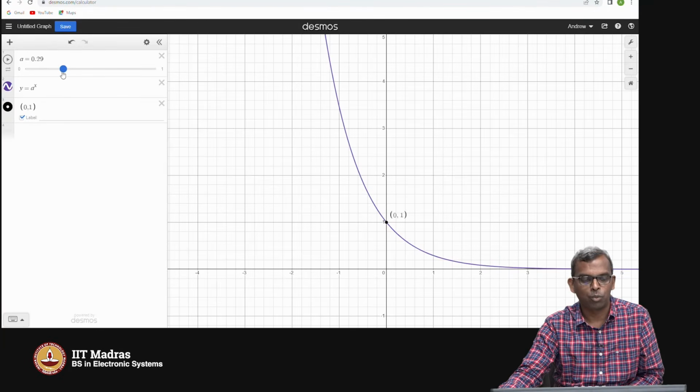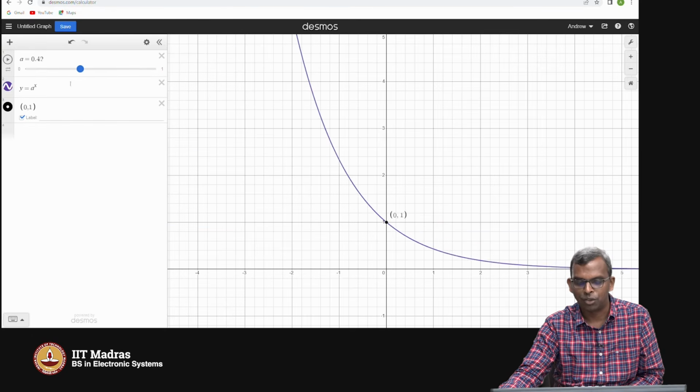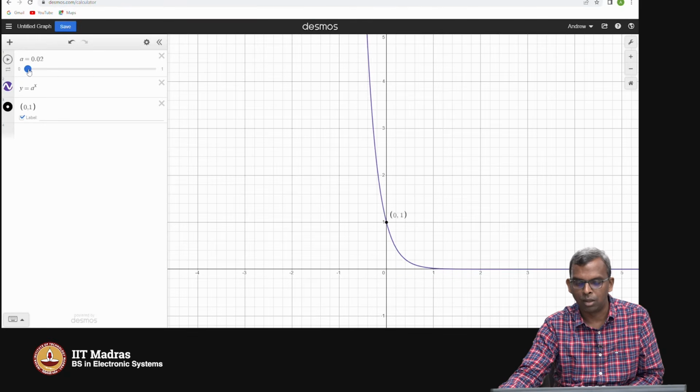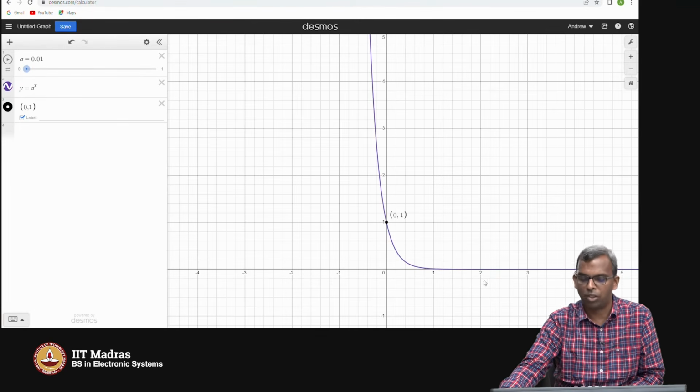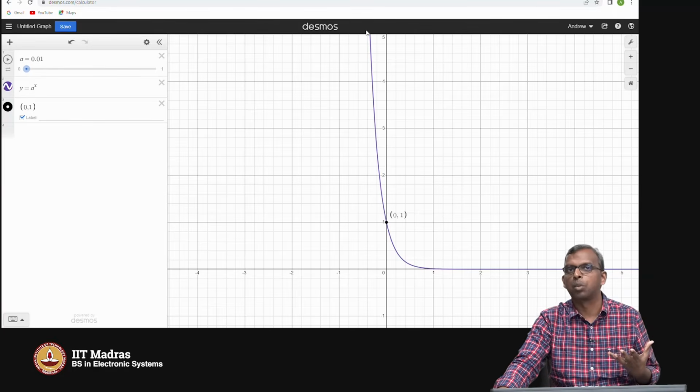Okay, so I hope you can see this. When I increase the value from 1 onwards, as I decrease it, it sort of sharply goes. Of course, when I go to 0, it should not be 0. But as you get close to 0, you get this kind of a behavior. Okay, sharp exponential rise on the negative side because a is less than 1.